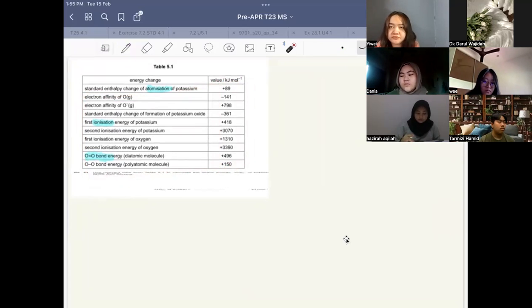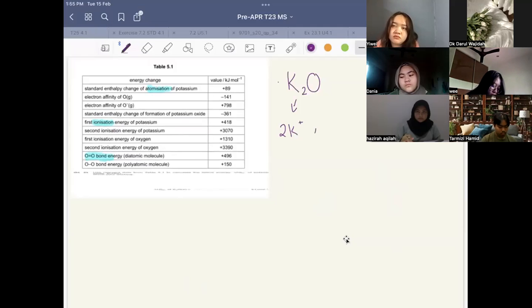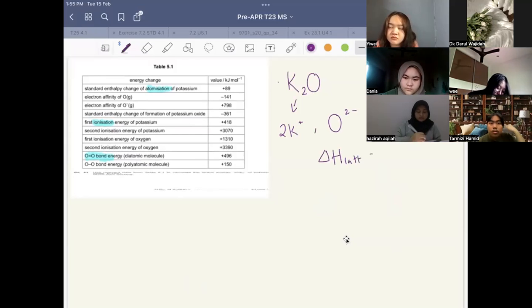So we want to find potassium oxide. Lattice energy of potassium oxide is K2O, which is made up of 2K plus and O2 minus. To find lattice energy, delta H lattice is delta HF minus delta H1. And delta H1 is the one that we want to find first.